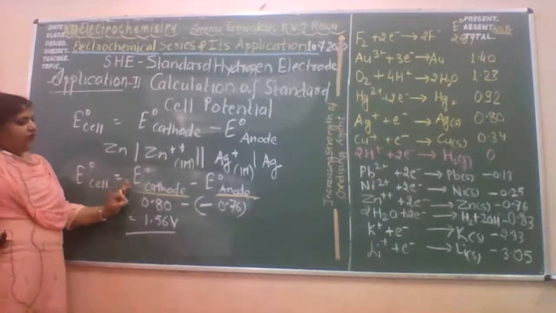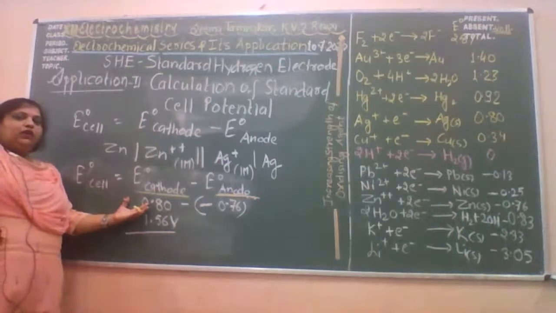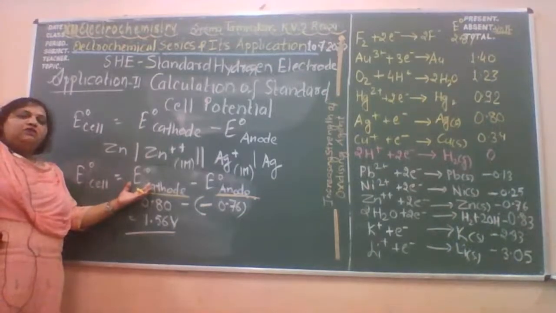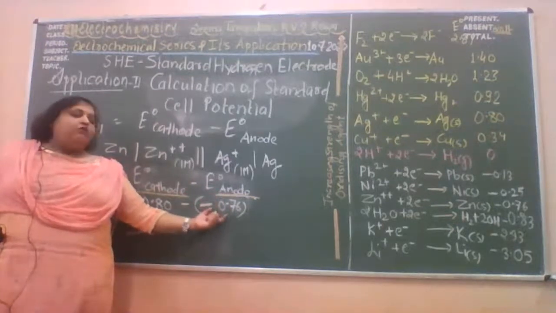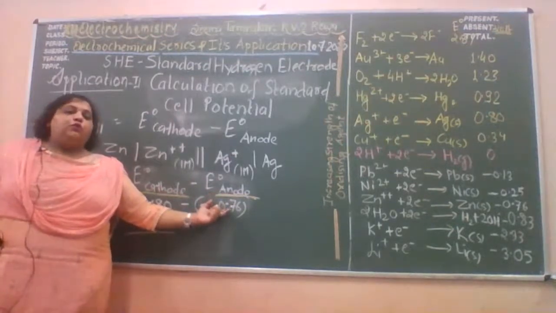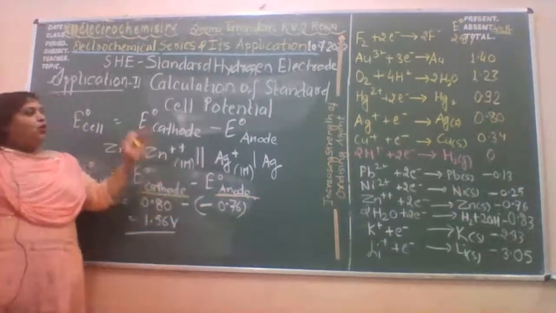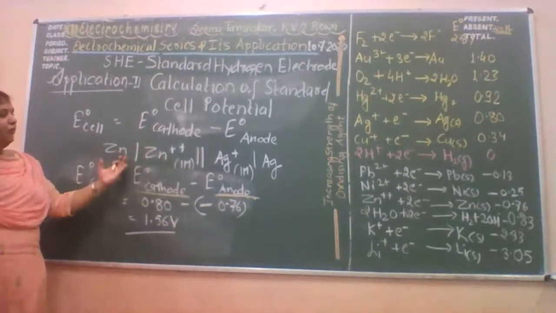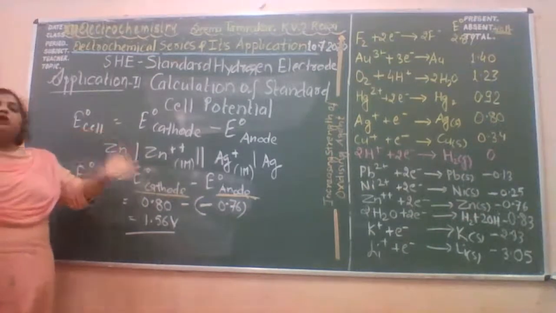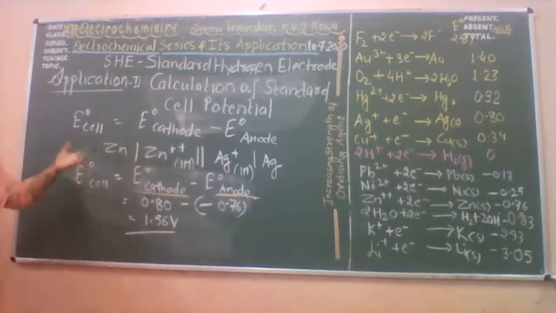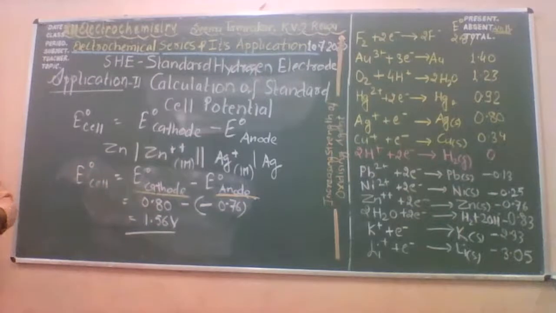The element with the higher value of the standard electrode potential will behave as the cathode, and the element with the smaller value of the standard electrode potential will behave as the anode. So this is the conclusion, and by just substituting the values in the normal formula, you can find out the EMF of the cell.